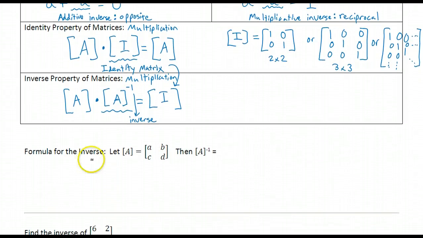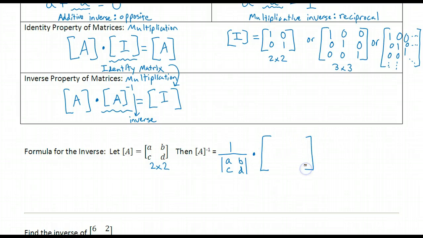The formula for the inverse of a matrix, if we have a 2 by 2 matrix, and I'm just going to let that matrix be A, B, C, D, where A, B, C, D are just numbers, then the inverse of that matrix is going to equal 1 over the determinant of matrix A times a matrix where I'm going to switch the numbers around.